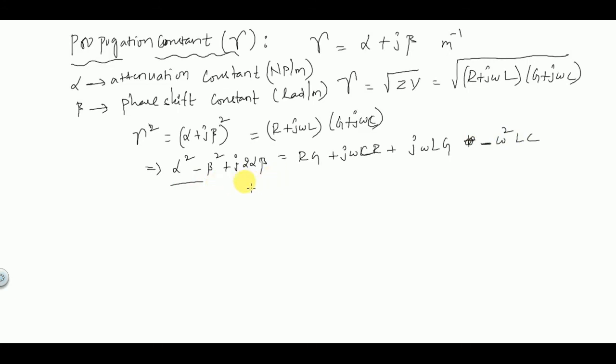If you equate real parts and imaginary parts and solve for alpha and beta, we get the equations for alpha and beta. I am writing the equations of alpha and beta directly here because we require these equations.